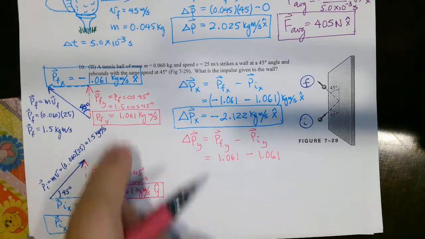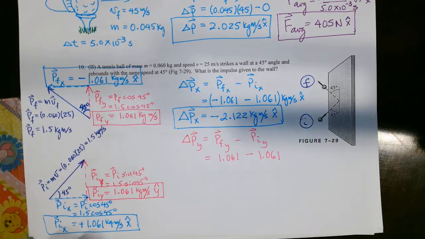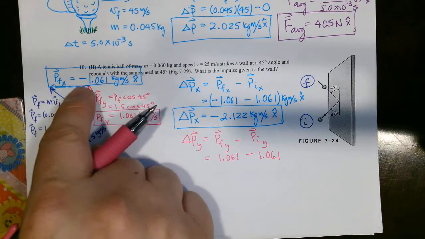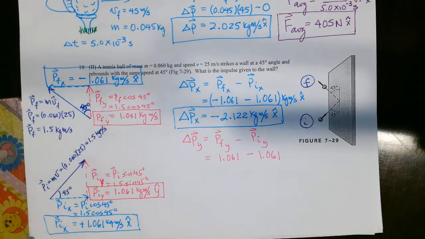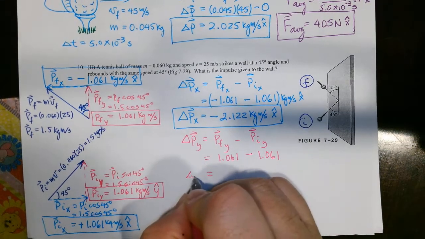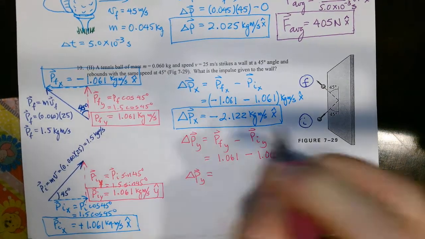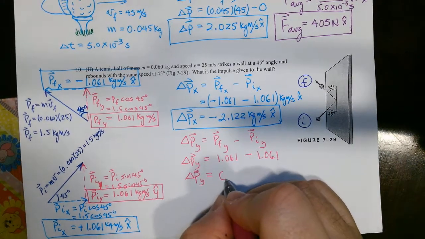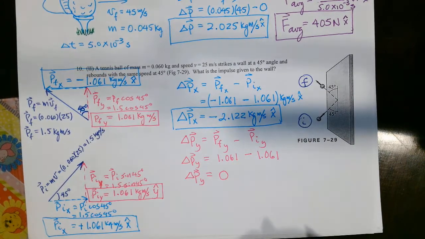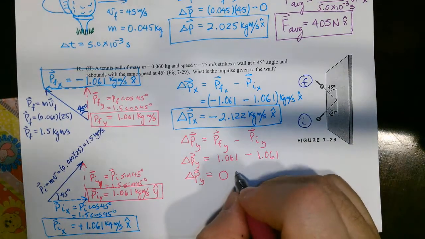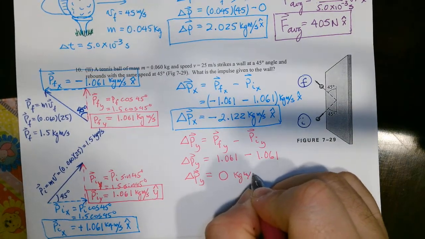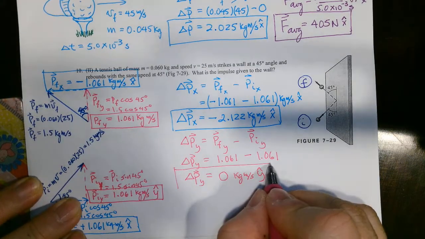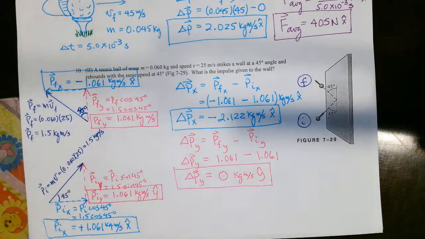So there is no change in momentum in y. This is their same values. So it didn't change at all. This did, right? This went from positive to negative, but this just stayed positive. So what is my change in momentum in the y direction? Good. Like you said, nothing. 0. So there is no change in momentum in y direction. So we have 0 change in momentum.